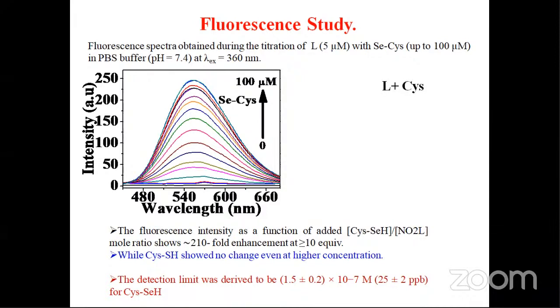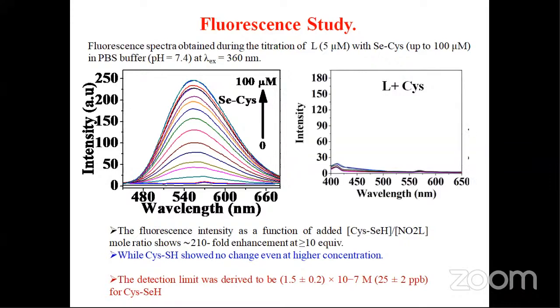But what about the cysteine? As I said, cysteine gives no reaction, so there is no change in the fluorescence intensity. That means no reaction is occurring between cysteine and the mono derivative of the glycoconjugate. By using this molecule, we can detect up to a detection limit of 1.5, that means 25 ppb of selenocysteine. It is a very good molecule which can detect even 25 ppb.